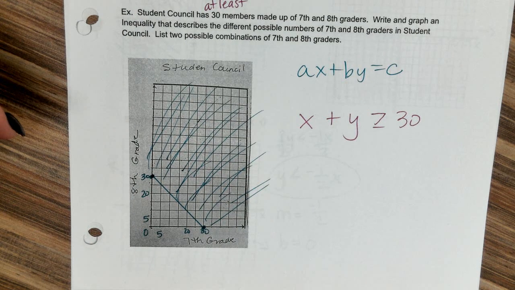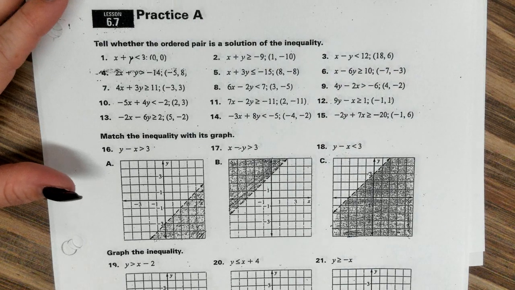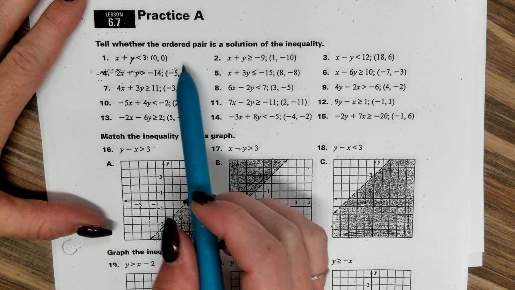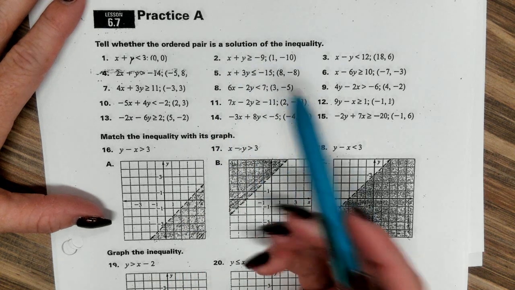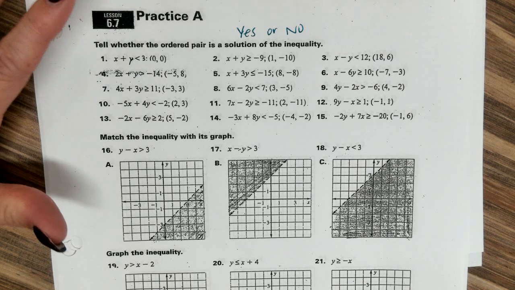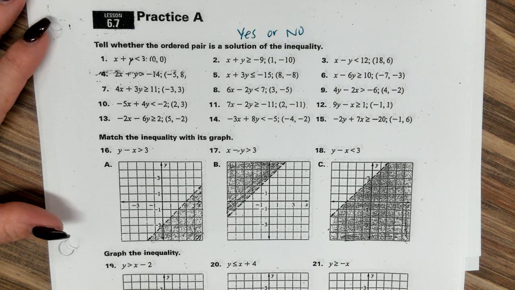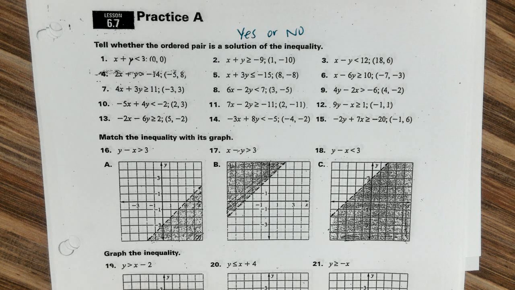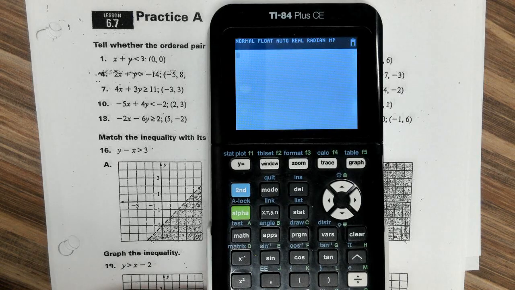Okay, let me get y'all your assignment. On 1 through 15, all you're going to do is tell whether the ordered pair is a solution. So you're going to say yes or no. If you want, you can put it straight into the calculator to see. So like for number 1, I could say well, that's too easy.